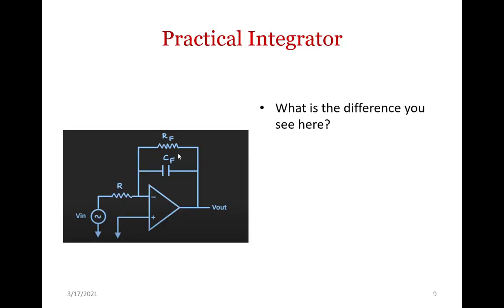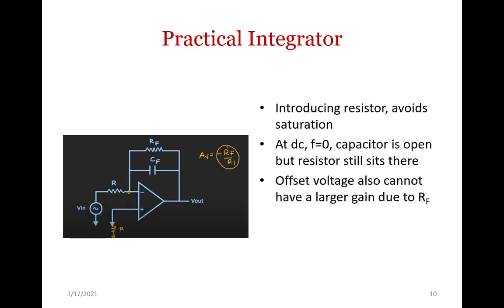But when you have a resistor in shunt across this capacitor, the change in the capacitive reactance does not matter and the resistance remains constant, which means it does not affect the gain of the circuit. The gain is given by minus Rf by R1. When the capacitor alone sits here, the gain is definitely affected, and when you have a resistor in parallel, the gain is not affected because of the shunt resistor.